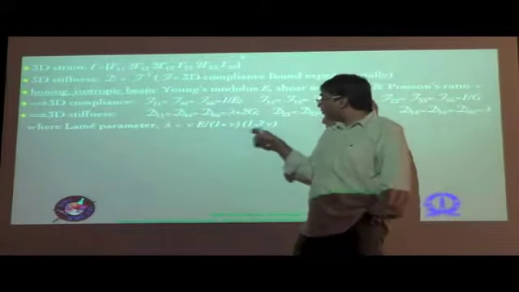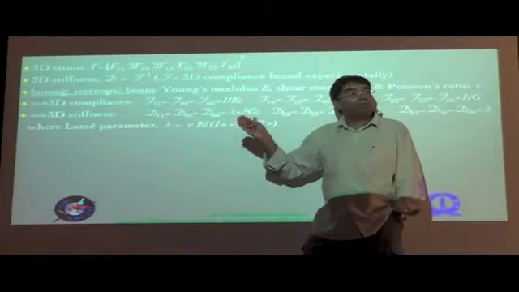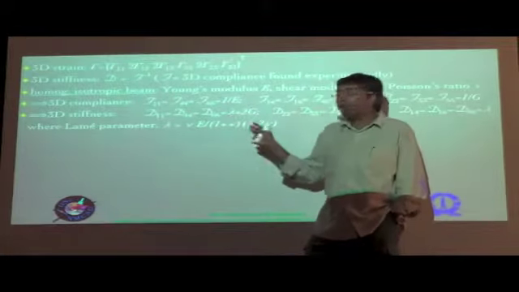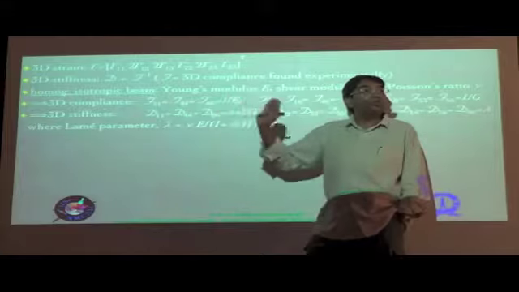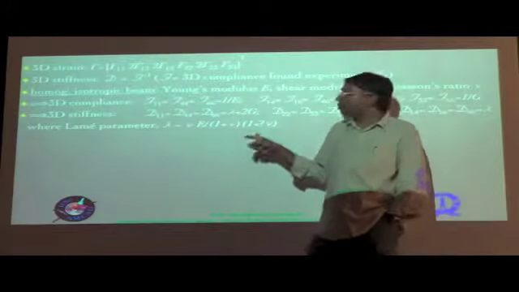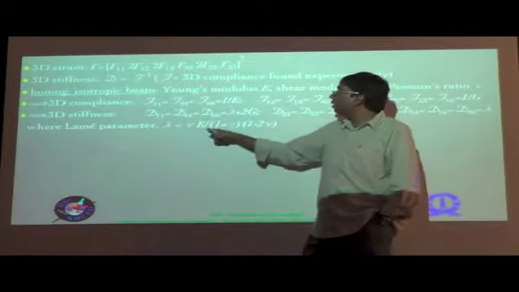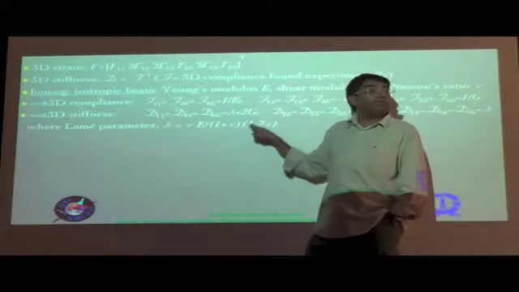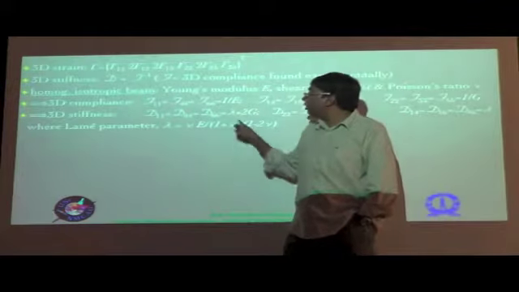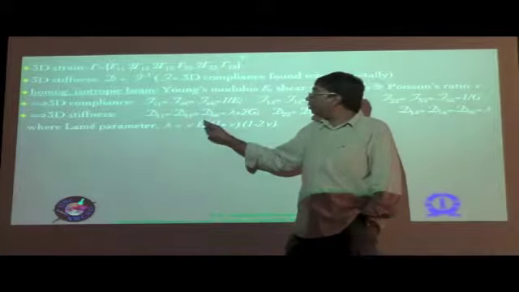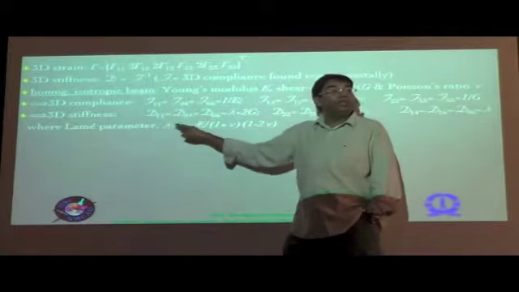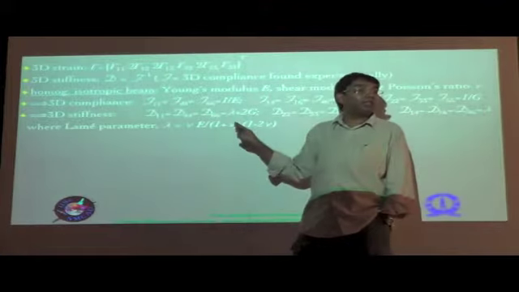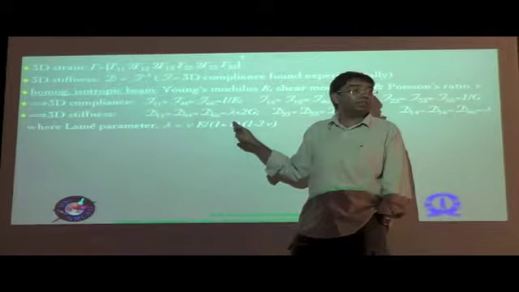For example, if you have a somewhat incompressible material like rubber, your nu can approach almost 0.5, let's say 0.49 or so. Then you will have in the denominator a very, very small number. This of course is nothing but 2G. So if you compare G and lambda, lambda is much, much larger than G in such a situation.